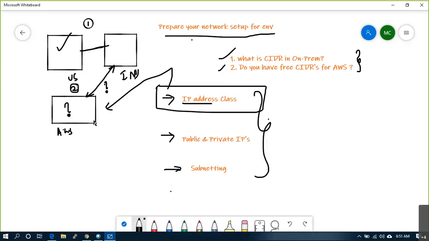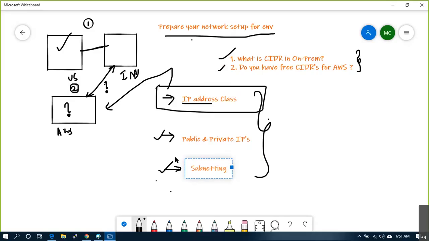I also need to understand the difference between private and public, because you'll not send everything over the public internet. You'll have minimal public IP addresses in your environment, and most of the infrastructure you'll host on private IP addresses. So how can that be achieved, and what is subnetting, and what is VPC?